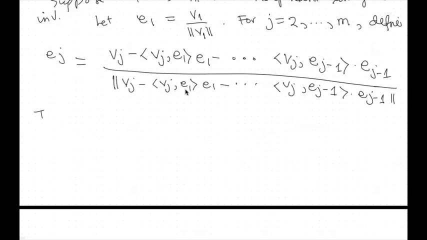And then what we have is a list, e sub 1, e sub 2 up to e sub m.